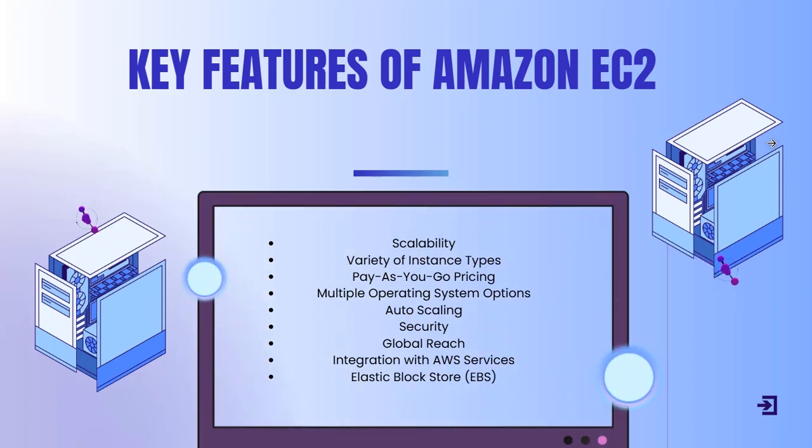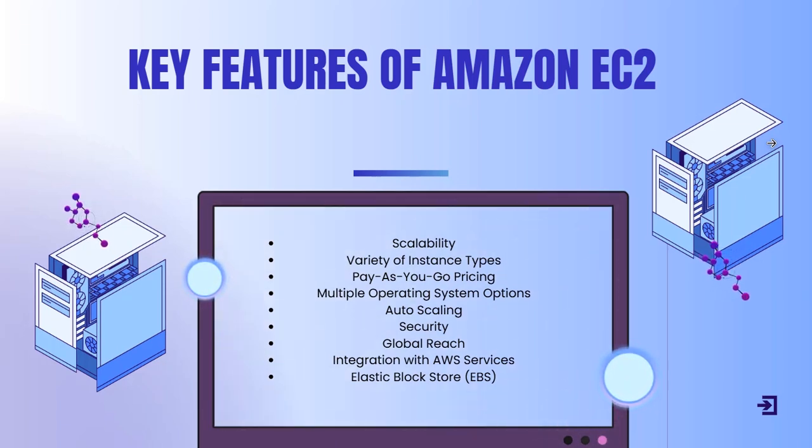The other one is multiple operating system options. EC2 supports various operating systems like Linux and Windows. It also supports custom AMIs, or custom Amazon Machine Images, with pre-installed configurations. The other one is auto scaling, which is automatically adding or removing instances based on your application traffic. There is also good security.